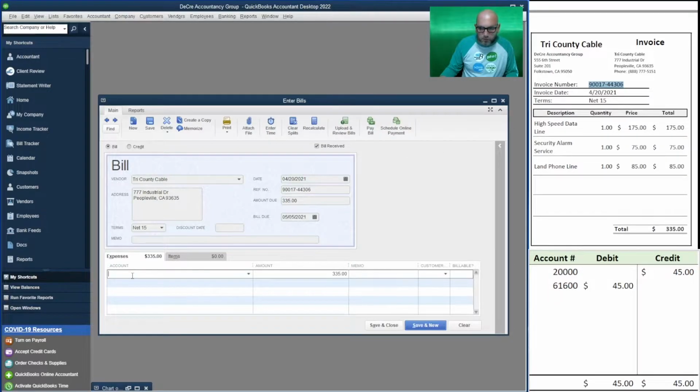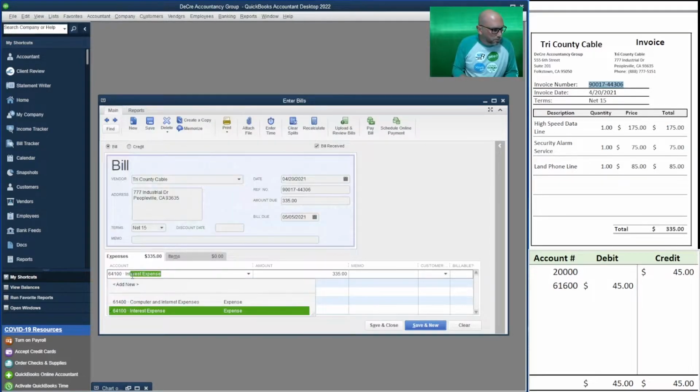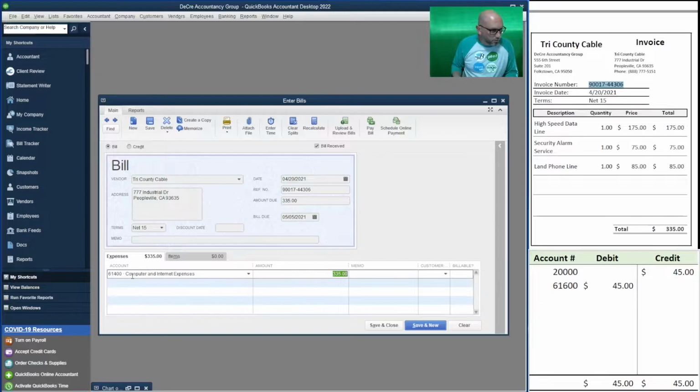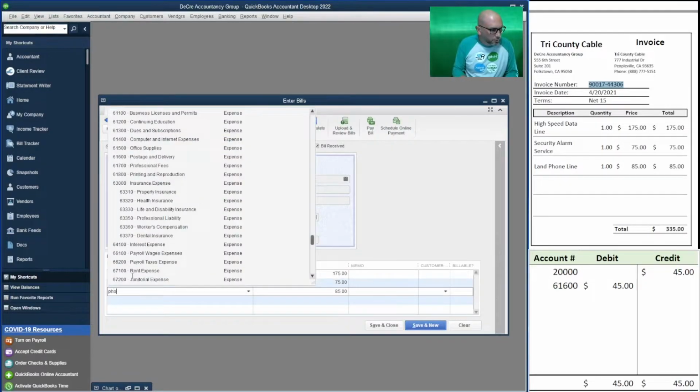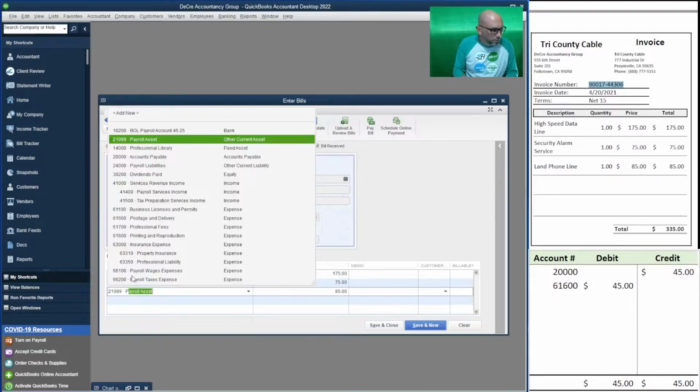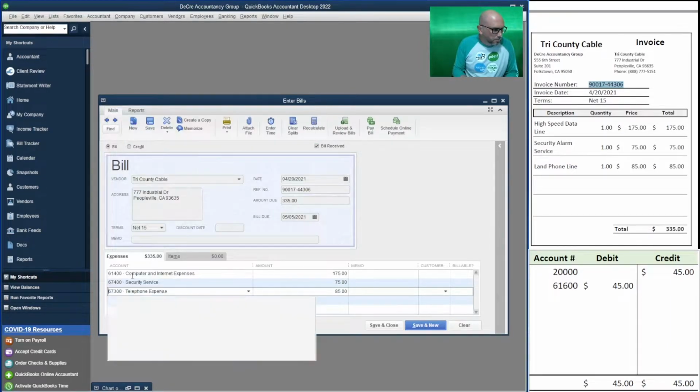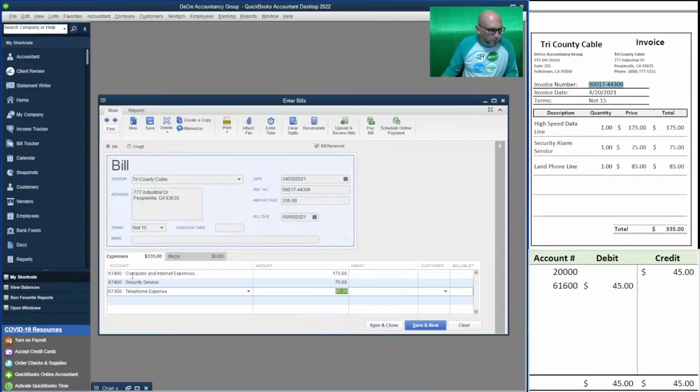What do we have here? We have the computer and internet expense of 175. We have security of 75, and we have phone. Telephone expense of $85.